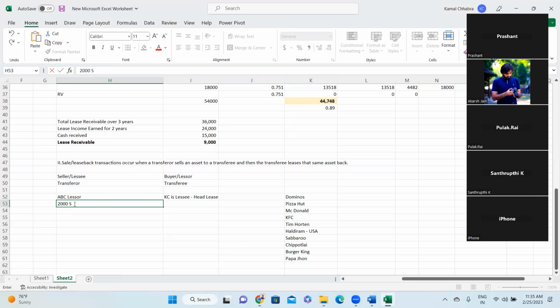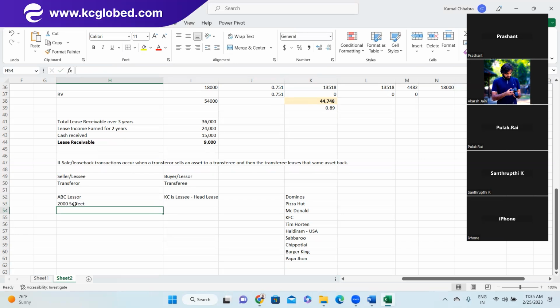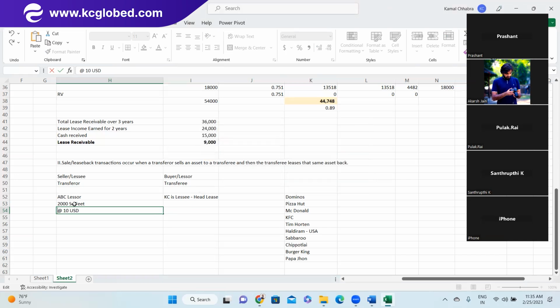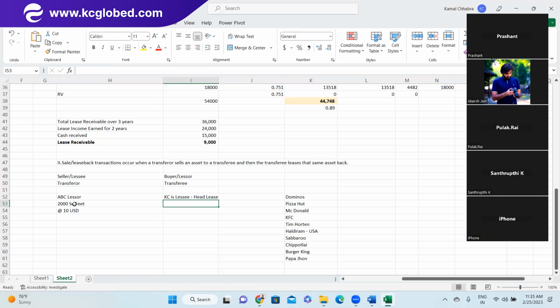Right. So ABC has, let's assume, 20,000 square feet of area. And they have given it to me on a lease at the rate of $10, multiplied by the area.